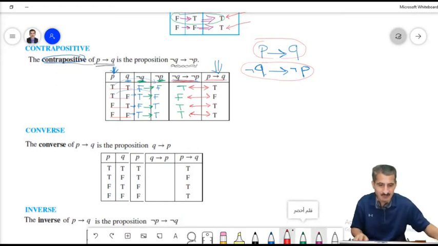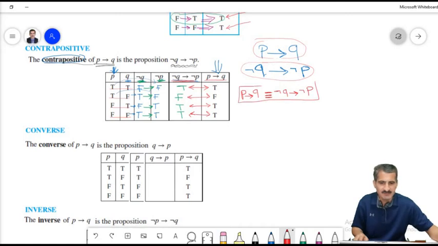I would like to write it the following way: P implies Q is equivalent, with three lines, to not Q implies not P. This is very important and we will use it a lot. It is called the contrapositive.